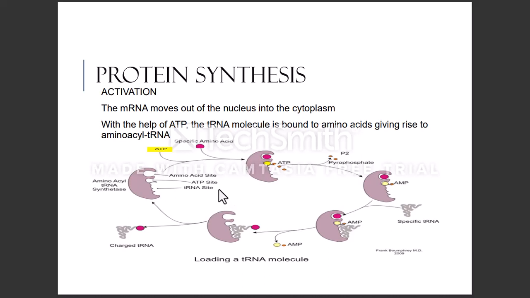Also, it has 3 sites: the tRNA site, the ATP site and the amino acid site. So the tRNA site is where the transfer RNA itself is going to bind. The ATP site is where the ATP will bind, okay, to release energy, and the amino acid site is where the specific amino acid to the transfer RNA will bind.